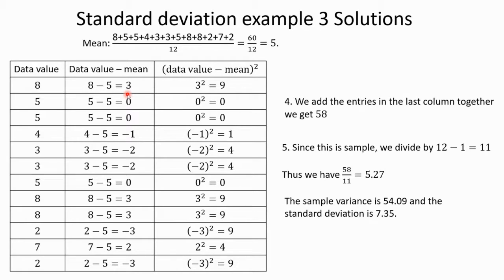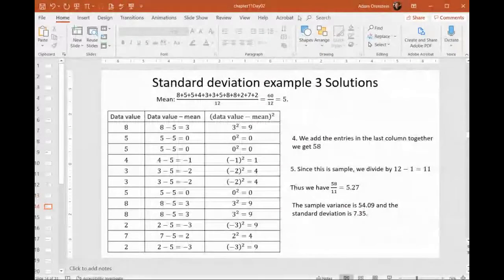Again, just like before, add up the results and you divide by how many there are. And by doing so, we get 60 over 12, and we get 5. Okay, good. That's what we get here.